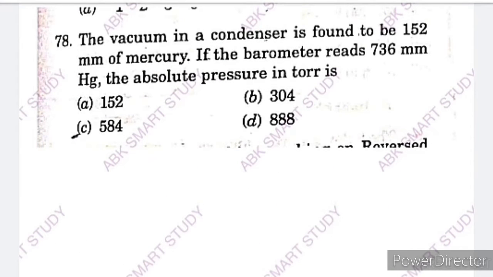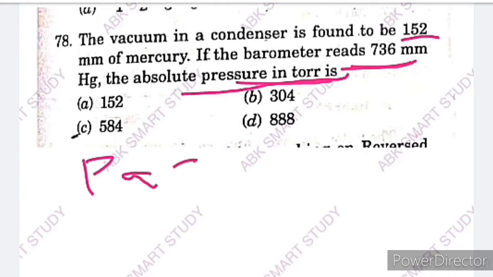The vacuum in a condenser is found to be 152. So here the vacuum pressure is 152 millimeter of mercury. If the barometer pressure reads 736 millimeter of Hg, then the absolute pressure? We know absolute pressure is equal to atmospheric pressure minus vacuum pressure.